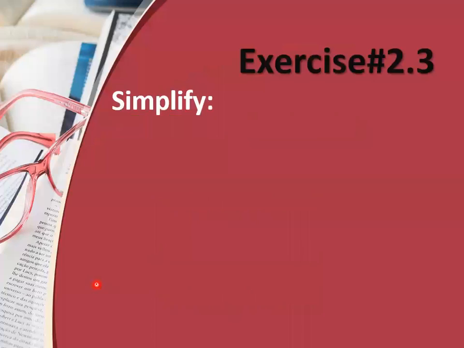Okay, now let's start from exercise number 2.3. So in exercise number 2.3, what you have to do, you have so many questions and you have to simplify those questions. Okay, now for simplification of those questions, you should identify which law and which concept you are going to apply here.